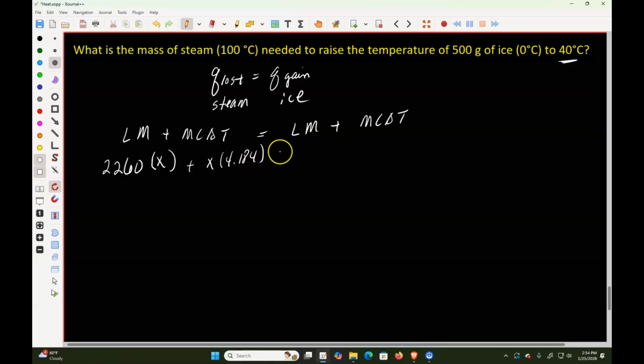Well, it's going to go from 100 to 40, so that would be a 60-degree change. The ice latent heat is 334 times the mass of the ice, which is 500 grams. It's going to change temperature from 0 to 40.